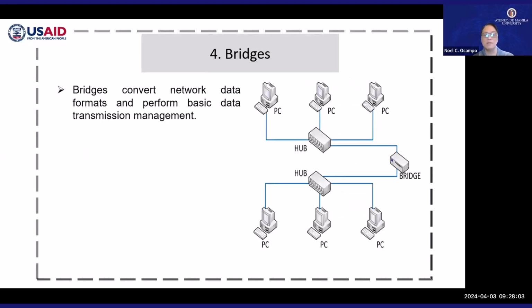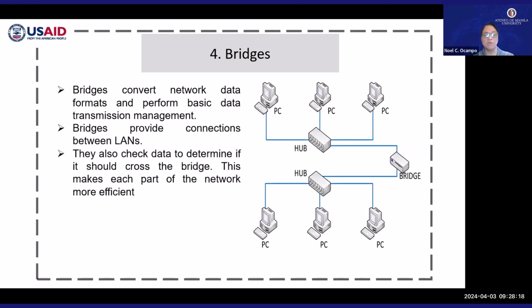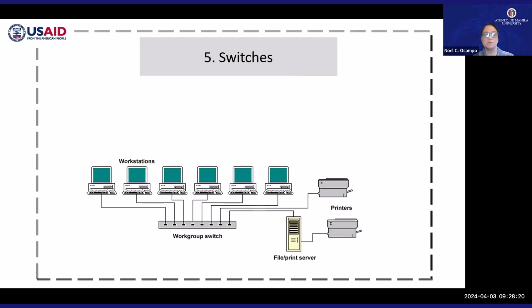And then if you have so many users, normally all of your hubs are concentrated on the bridge, and eventually your bridge is the one connected to your main switch. And this is how a switch looks like with the workstation connected to them.